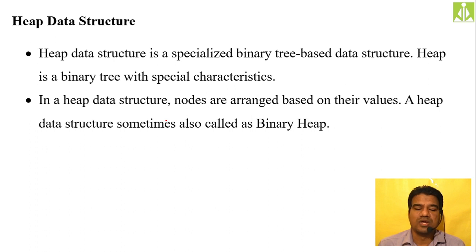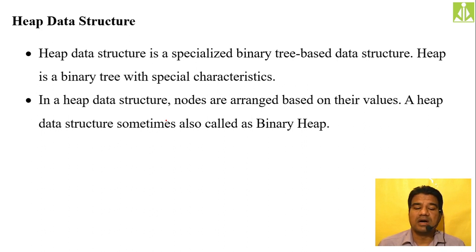In a heap data structure, nodes are arranged based on their values, even though we will not call it a binary search tree. In a binary search tree also, the nodes are arranged in an order based on their values, isn't it? But here, even though the nodes are arranged based on their values, a different strategy we follow.